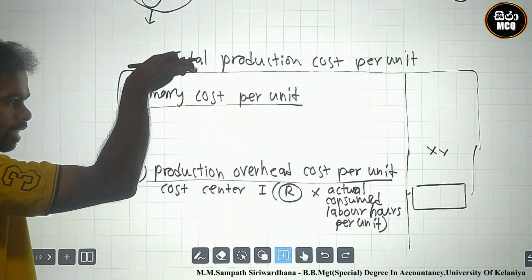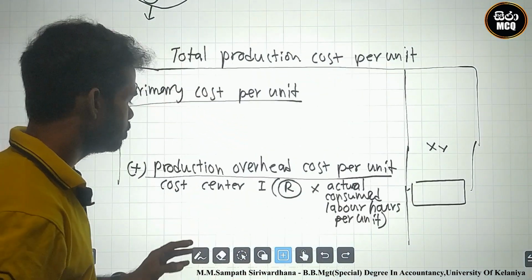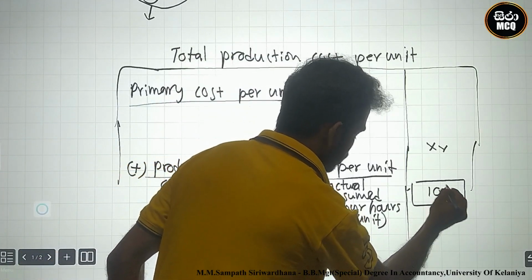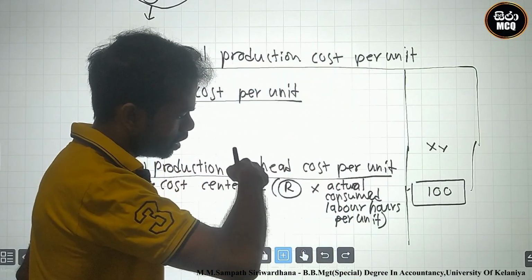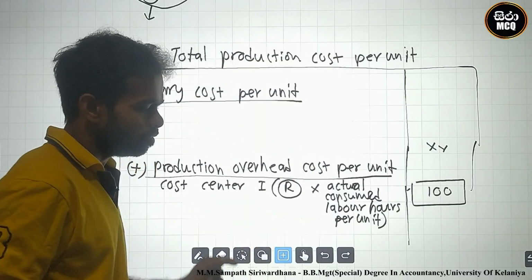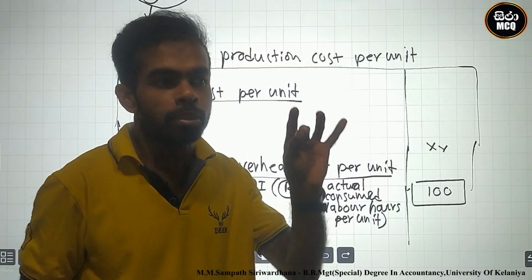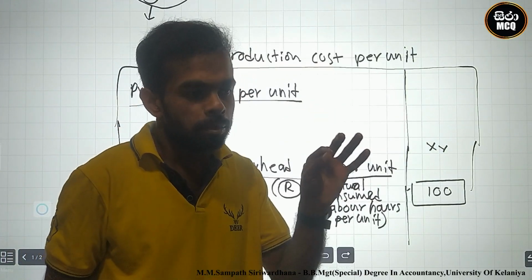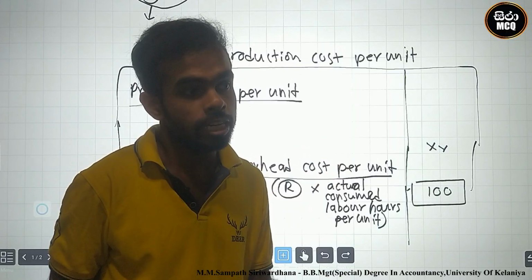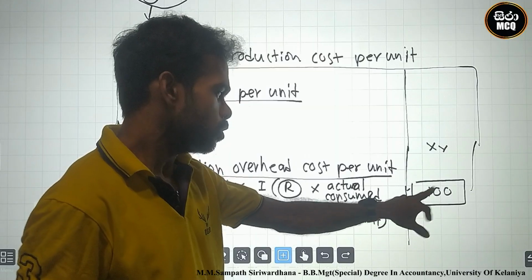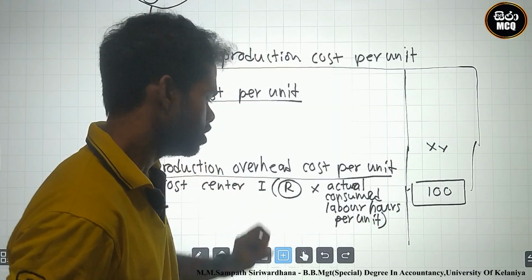Look here, absorbed 100 means this one. The rate was multiplied by the actual consumed labor hours per unit. We can identify the absorbed, already included cost. Based on that, we can find this one.